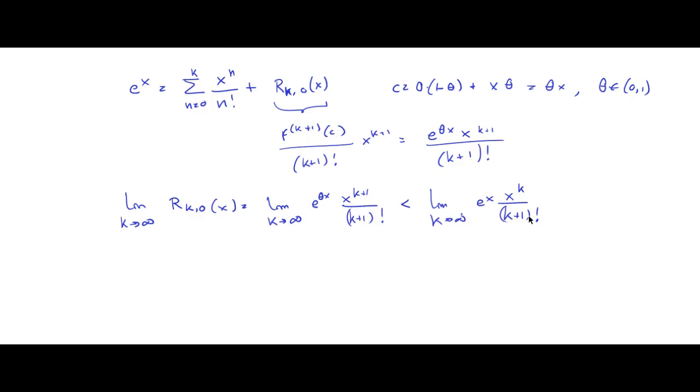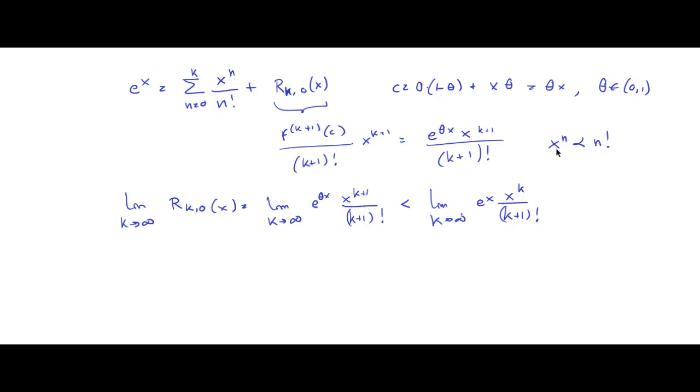And then this thing, x to the k keeps increasing, but k plus 1 factorial is increasing much faster, right? Because we know that x to the n is negligible in comparison with n factorial, right?